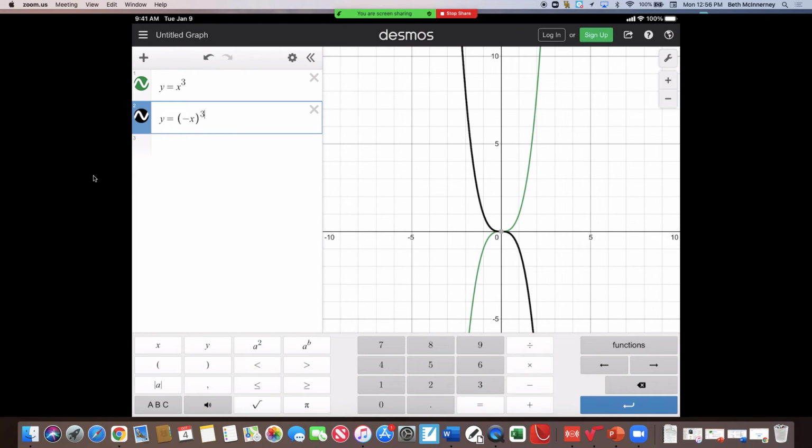But guess what? Because I replaced the x with negative x, this one, now the green one got reflected over the y-axis. So it's different. It really is different, but it looks the same. Like it has the same net effect. And then this piece got reflected across this way. Where the other one, it reflected down and up. Now it's going across. So that's interesting.